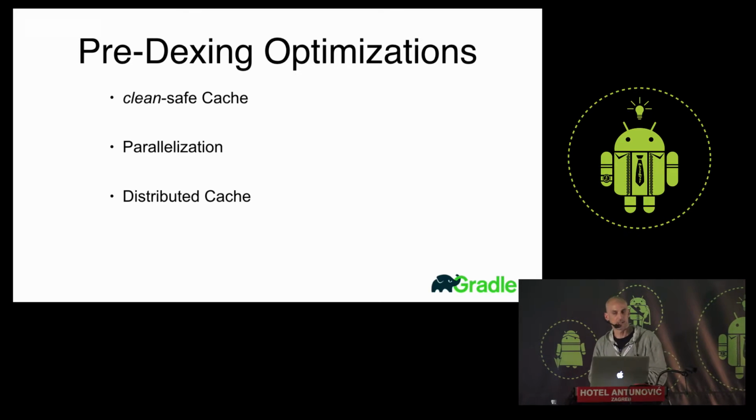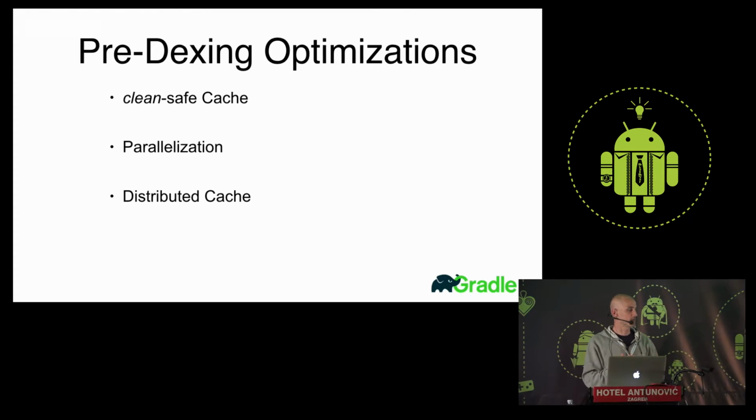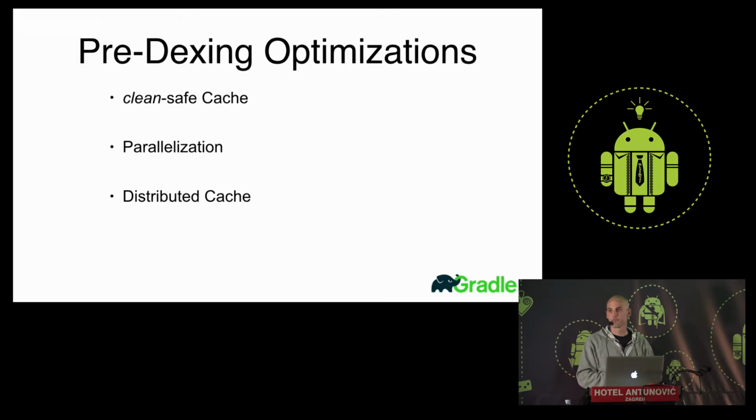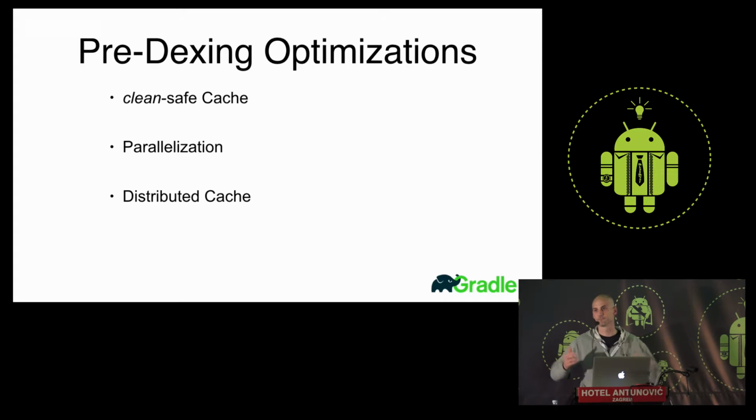And that's something that will come soon. We can do the dexing of those libraries, those pre-dexing steps, in parallel. And we can use a distributed cache. The distributed cache is another thing that is already being worked on right now, not in the context of Android, but you will just benefit from it without any extra investment or extra work that you need to do.